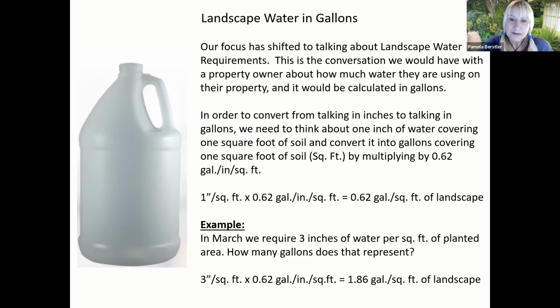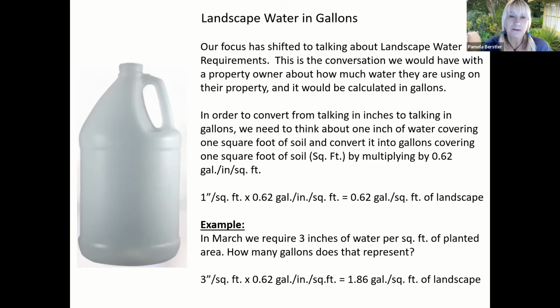And this is actually the way that we are most likely to be talking about water in a landscape, either with property owners or with regulators. It's rare that we have conversations about particular landscapes or particular places and talk about water use in the landscape in inches.